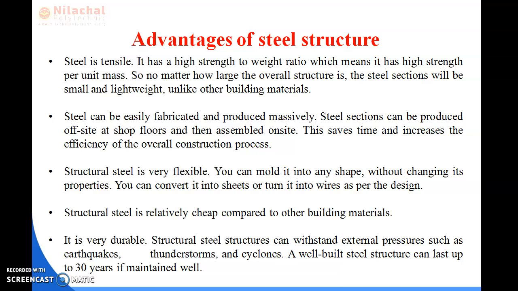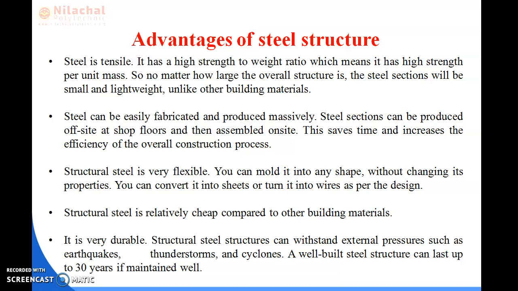So no matter how large the overall structure is, the steel section will be small and lightweight, unlike other building materials. As compared to other kinds of material, a steel structure is small and lightweight, which is beneficial in any kind of structural design.